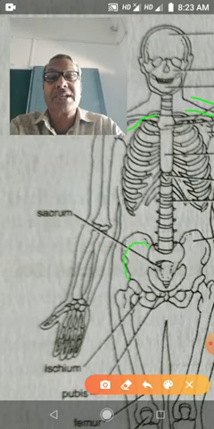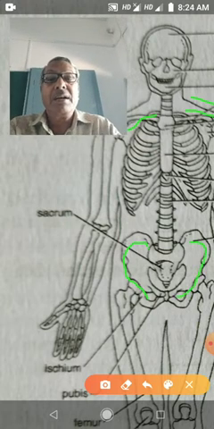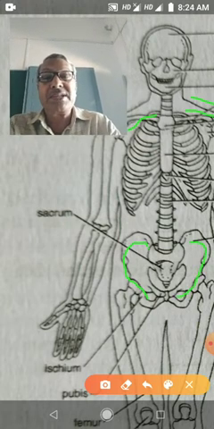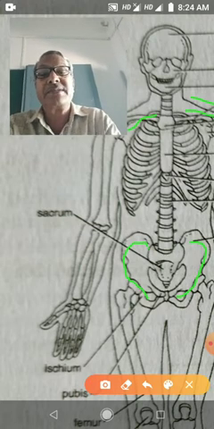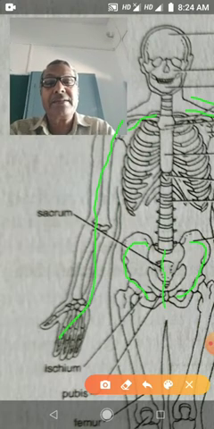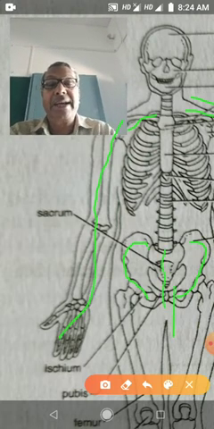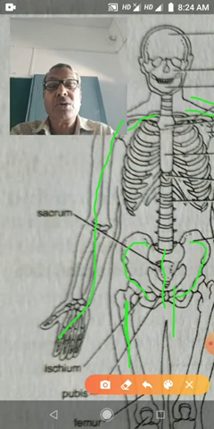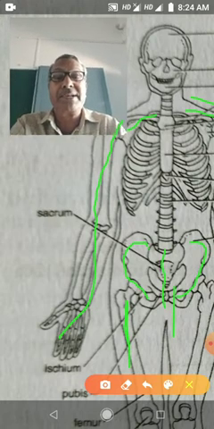So this structure is the hip girdle. Next are the limbs. We have two pairs of limbs. These are the forelimbs and these are the hind limbs.